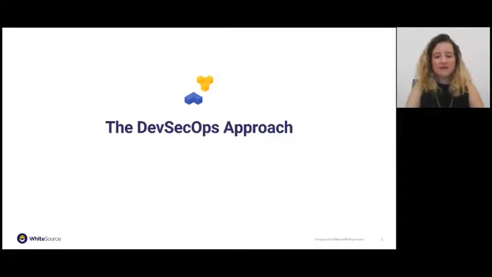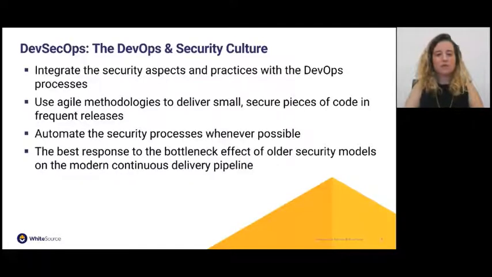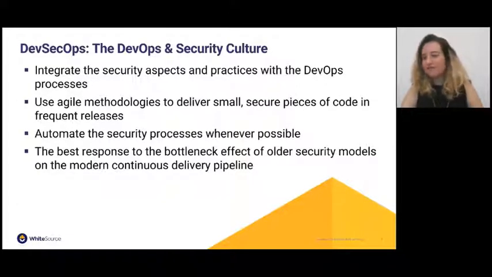So what is the DevSecOps approach? The idea is really to take the security teams that are very far away, even in the logical sense, from the development, and integrate the security aspect and the security practices into the DevOps processes.